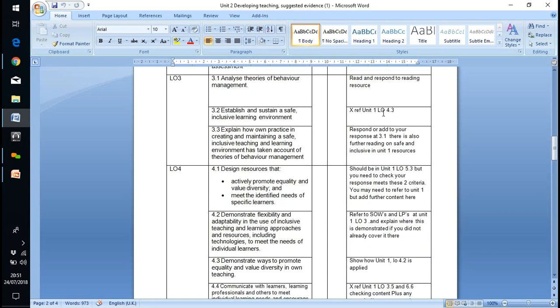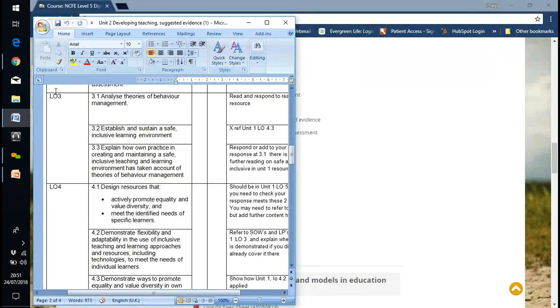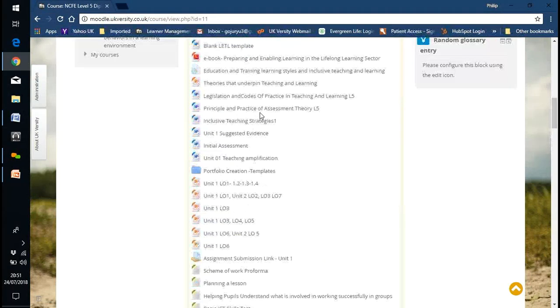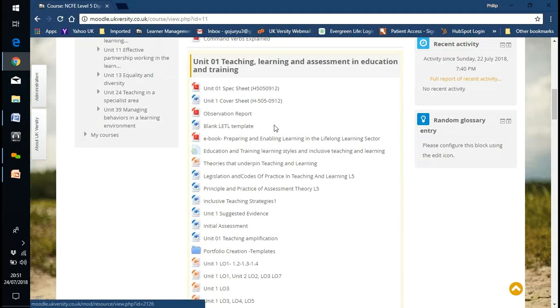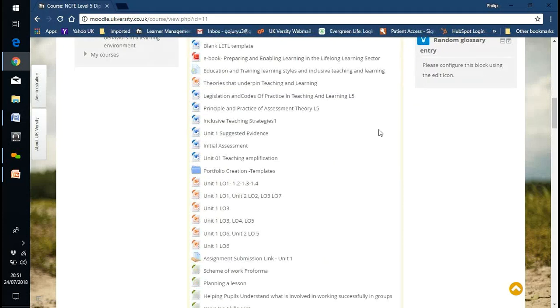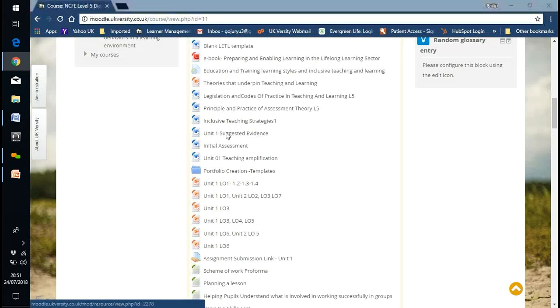And again, 4.3 pretty much goes to LO1 4.3, which is covering establish and sustain a safe, inclusive learning environment. What I was going to do to show you that, I'll go back to the suggested evidence.